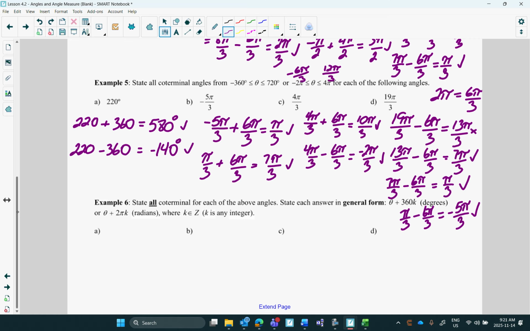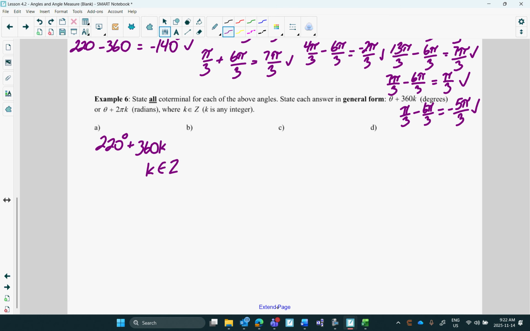So what that means, for the above ones, I would just go 220 degrees plus 360k, where k is an integer, k ∈ Z.